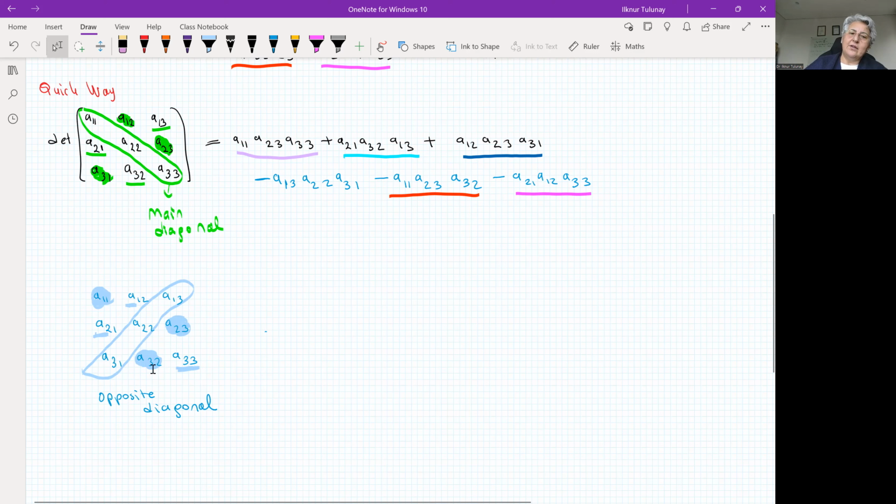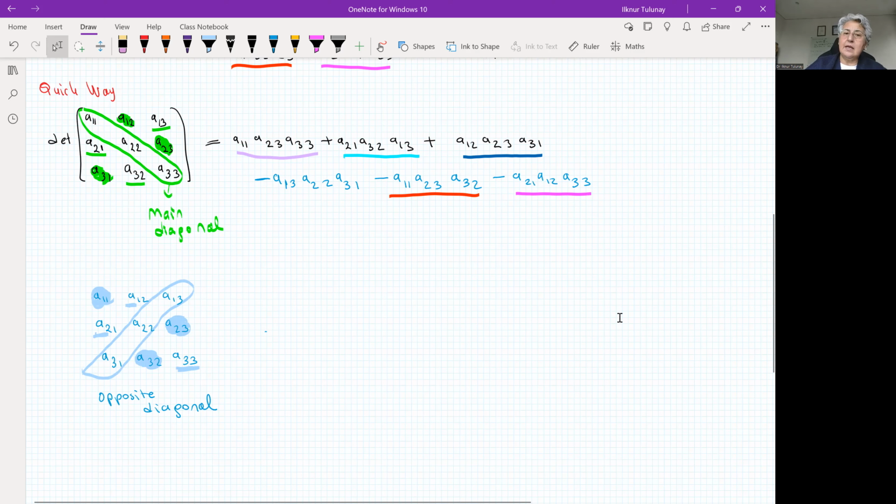Then another similar symmetric entry, this one, and this one. That is A21 times A12, and A33. Okay, this is the determinant of 3 by 3 matrix.